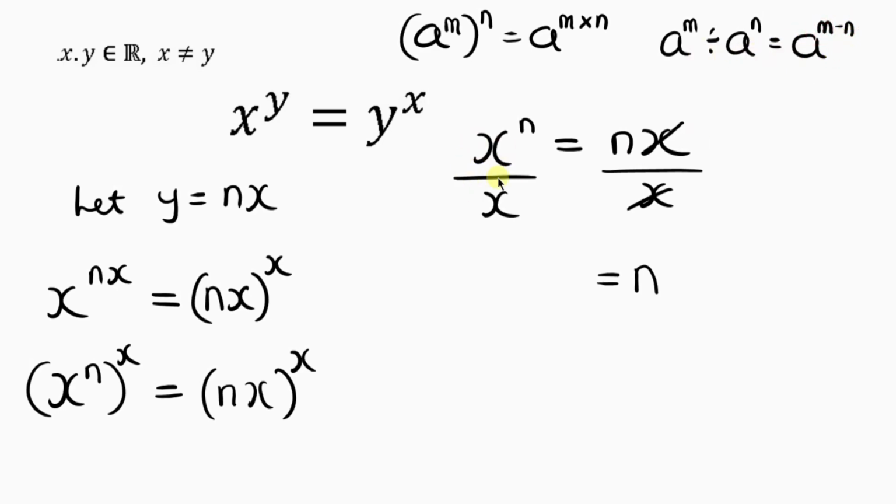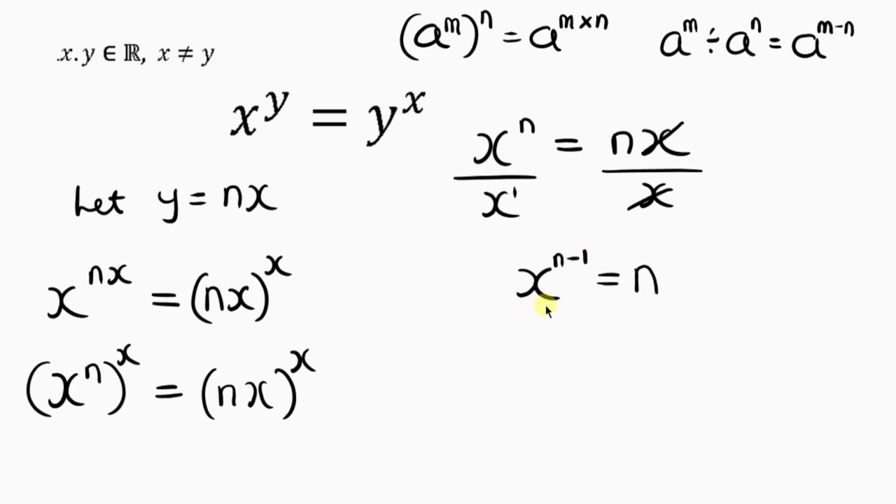And this is what is happening here. The base on the numerator and the base on the denominator are the same. So I'm going to be taking one of the base, x, and the power here is 1. Take note. So since they are dividing, which is expressed by this all over, then the powers are going to be subtracting. So n minus 1 would be the new power. Are you seeing that? Very good.